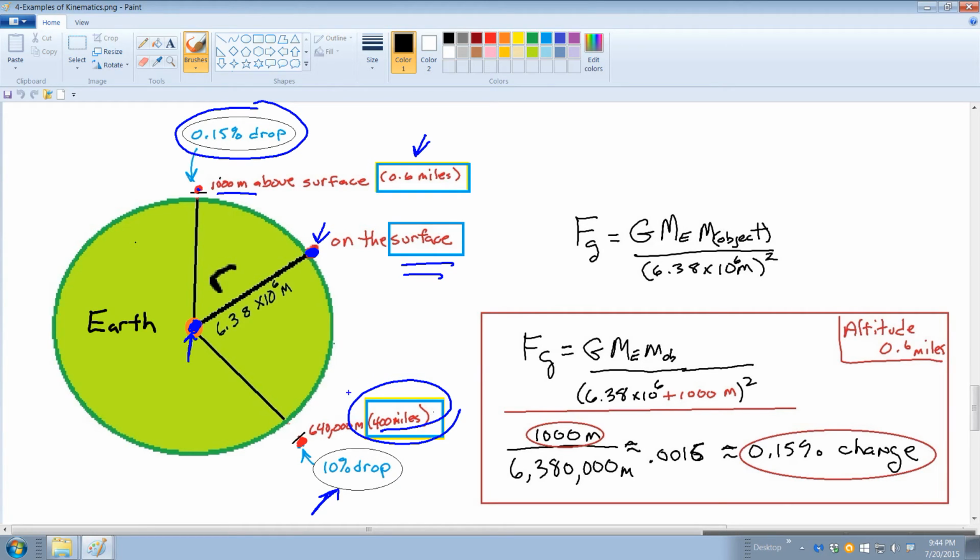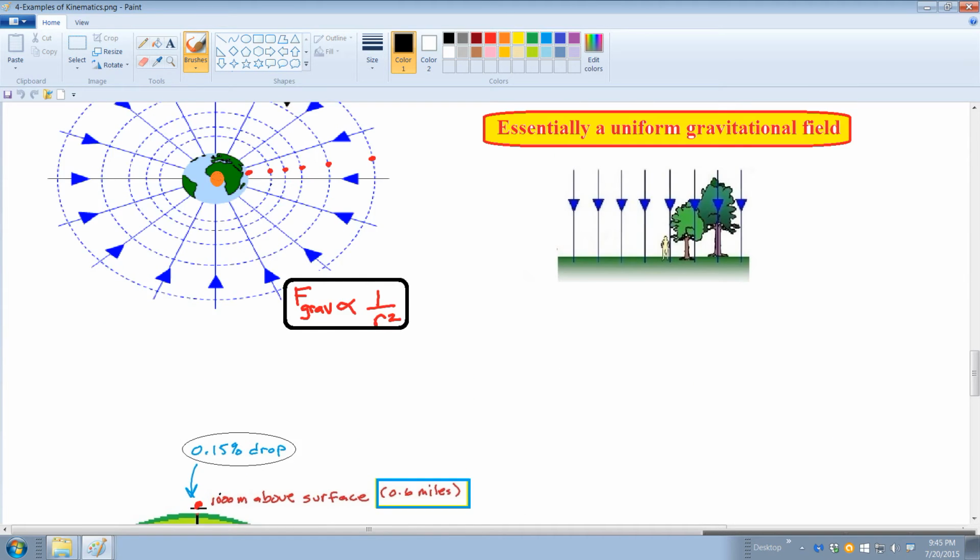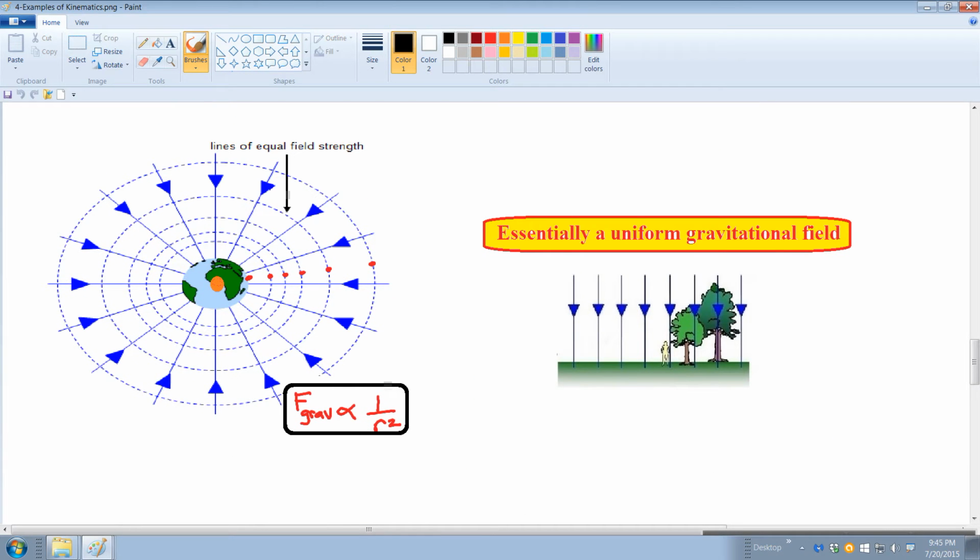So why am I telling you this? Well, because we essentially consider objects, whether they're men or whatever is on the surface of the Earth, and even if it's relatively high above the Earth, as being under essentially a uniform gravitational field. So we don't see this radial distribution of the gravitational field lines.